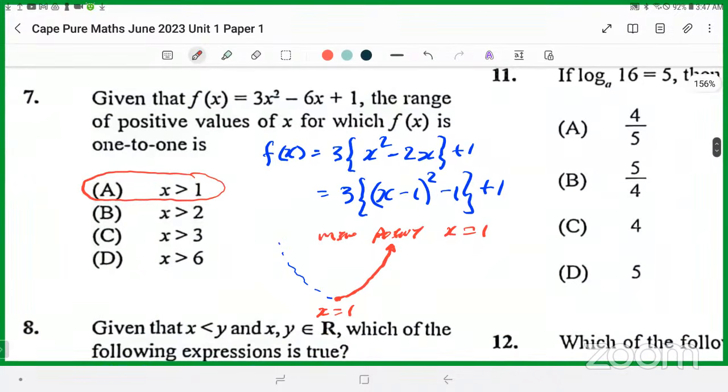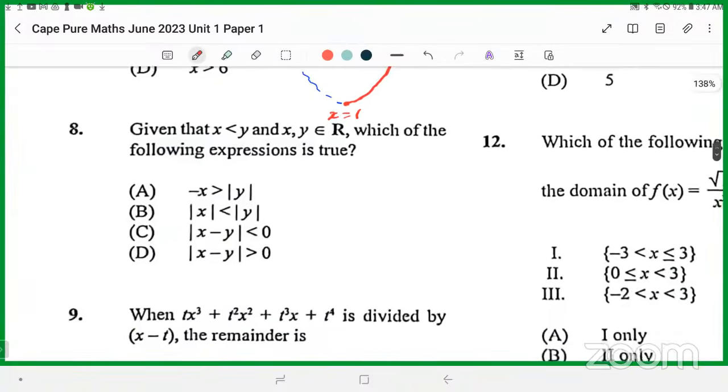I found the turning point x value by doing minus b, which would be minus negative 6, over 2 times 3, which becomes 6 over 6, which is 1, the x value of the turning point. You can do it that way as well. But anyway, that is that.